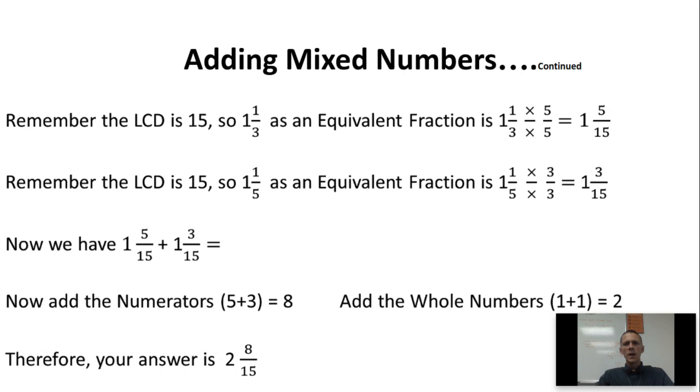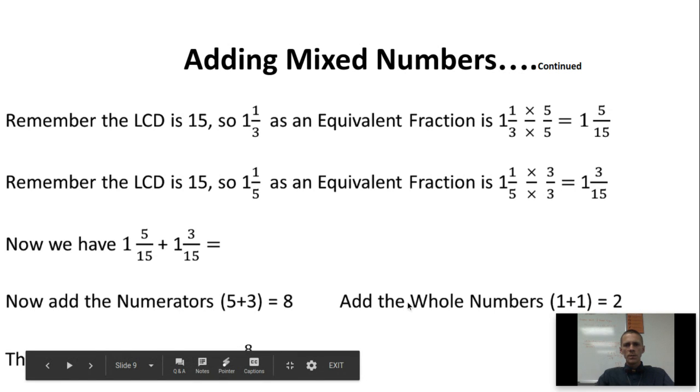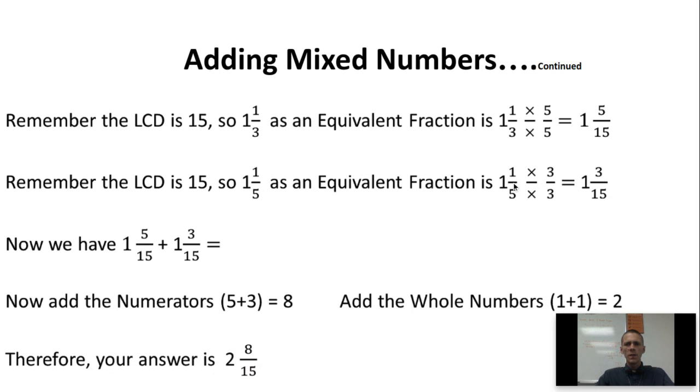Next slide. The next slide is showing you how we're going to raise 1 1/3 and 1 1/5 to fractions that have the same denominator. If you take a look here, we found out that our new denominator was 15. So 3 times what number will give us 15? 3 times 5.